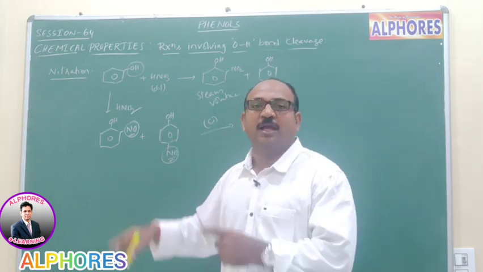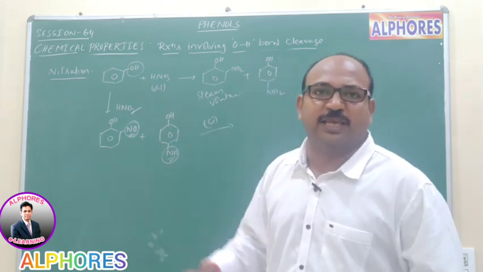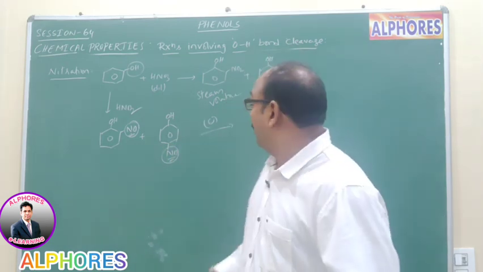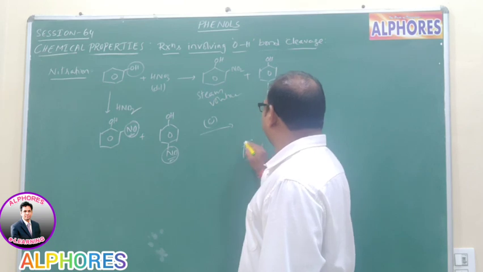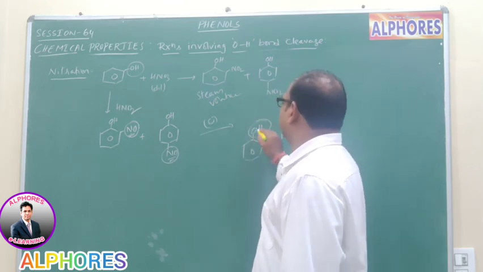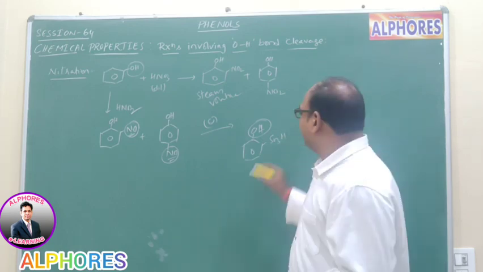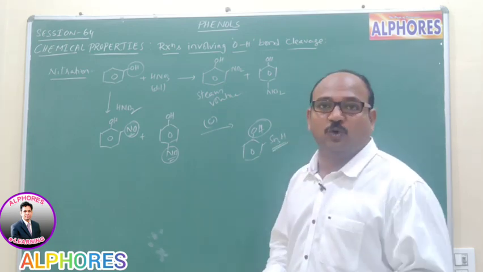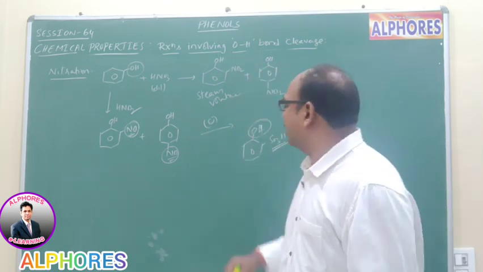As a result we get ortho and para hydroxy benzene sulfonic acid. Whenever an SO3H group is on the benzene ring, it prevents the oxidation of OH. Remember that. The presence of the SO3H group prevents oxidation of OH.